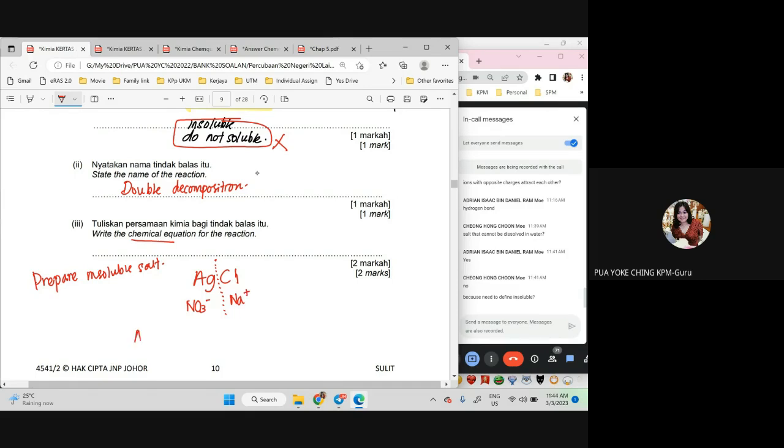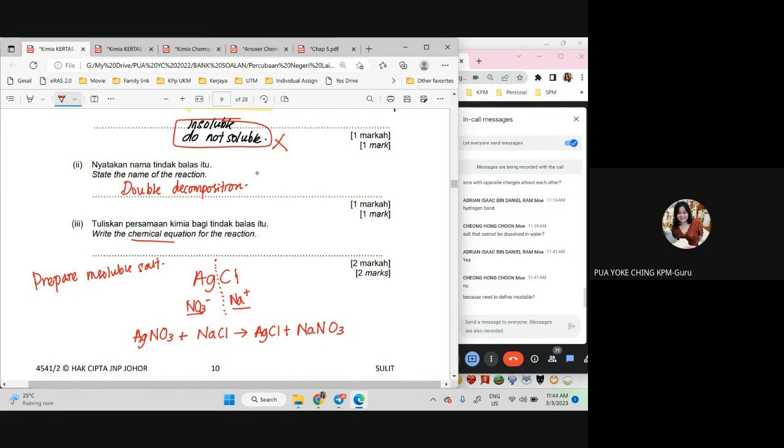So, it will be AgNO3 tambah NaCl produce AgCl plus NaNO3. Okay. Every time you add in nitrate for the positive ion and then the sodium ion for your negative ion. Sebab kenapa cikgu hanya pakai nitrate and sodium?